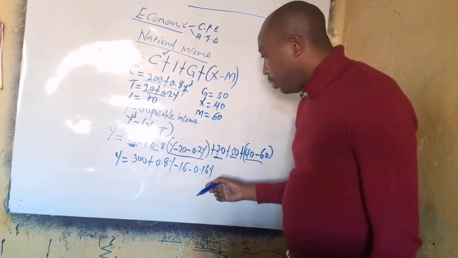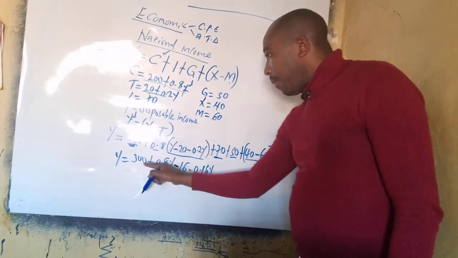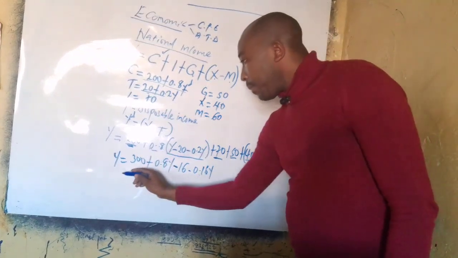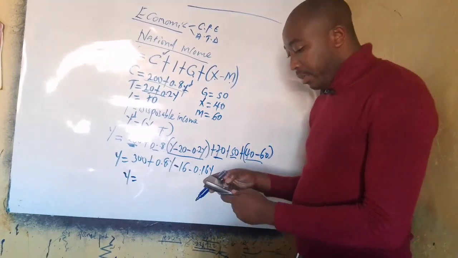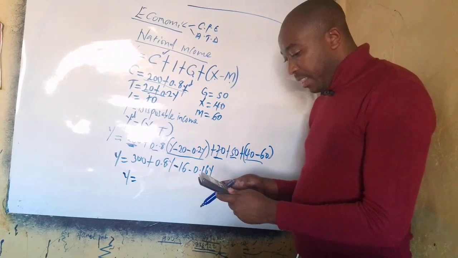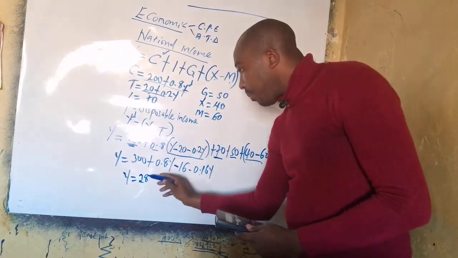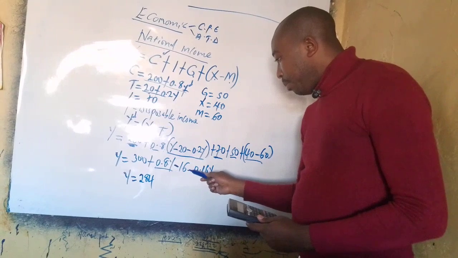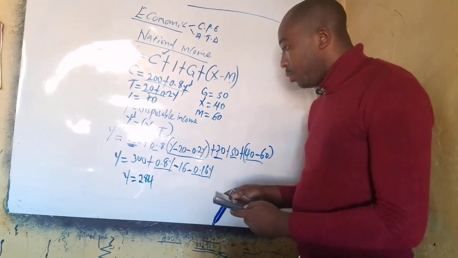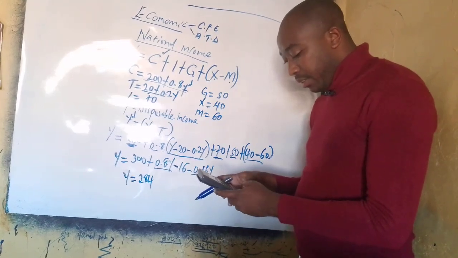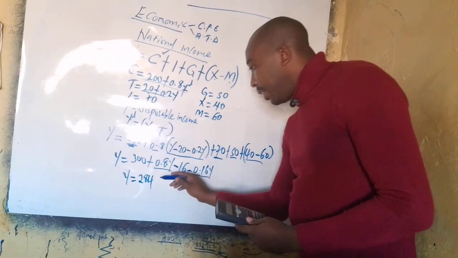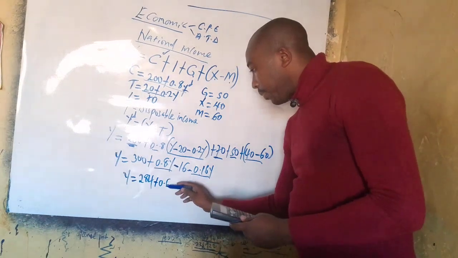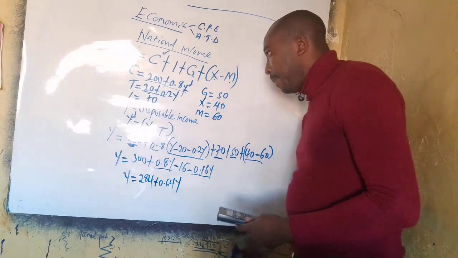Now, we can continue pairing. Here we have 300 and we have negative 16. 300 minus 16, that is 284. 0.8Y minus 0.16Y. 0.8 minus 0.16, we get positive 0.64Y.